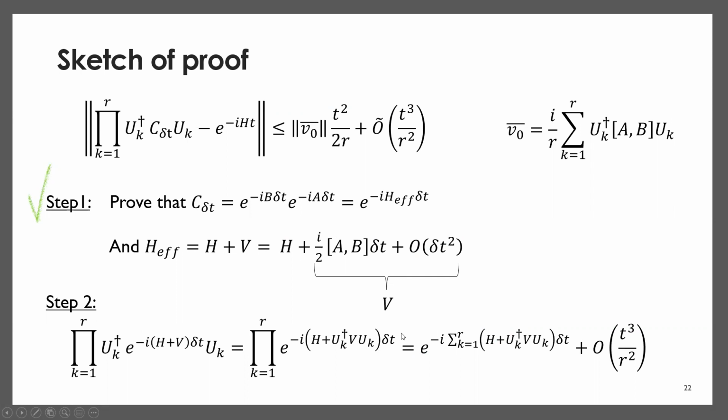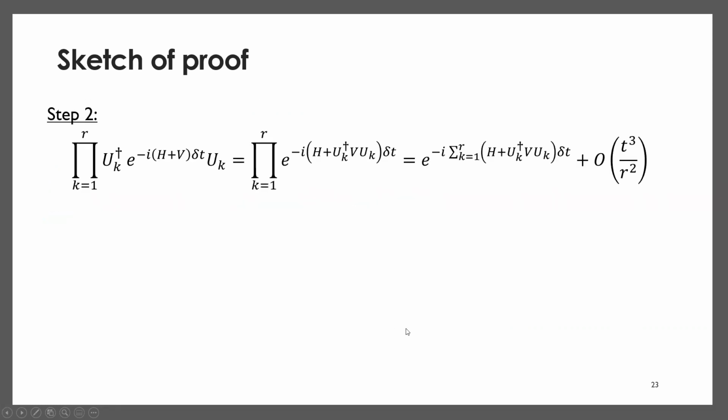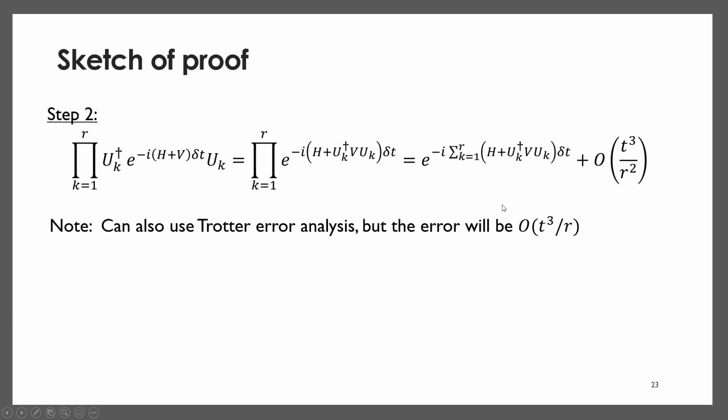In the second step, we're going to show how to combine the exponentials into one exponential. As I mentioned earlier, this step where we approximate the product of exponentials by an exponential of the sum over the terms of the Hamiltonian is basically a Trotterization.